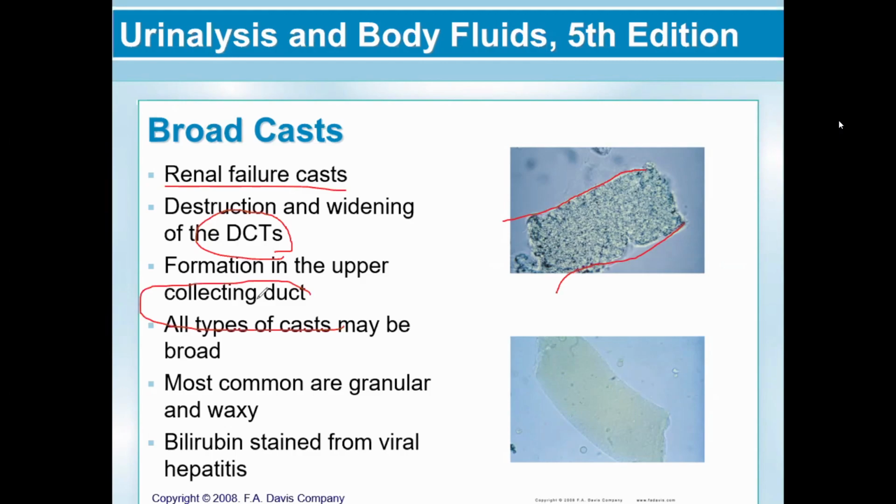So the tubules are widened due to damage in our tubules, for example, in renal failure patients. So all types of casts may be broad. Your RBC cast can become a broadcast. Your WBC or granular cast can become a broadcast. So many casts can be seen in renal failure, in patients with renal failure. Imagine, his kidneys are badly damaged.